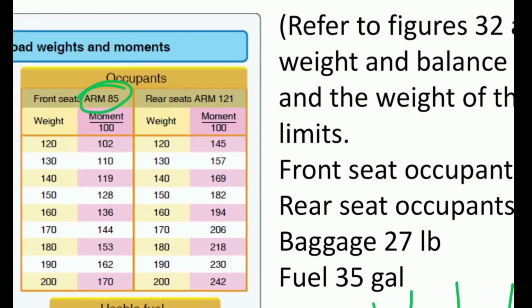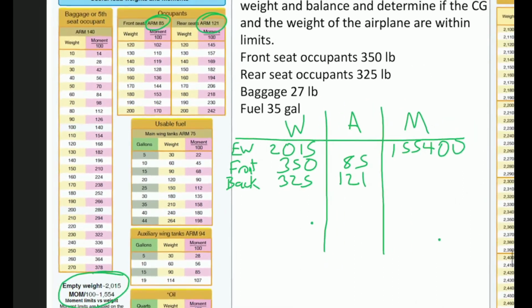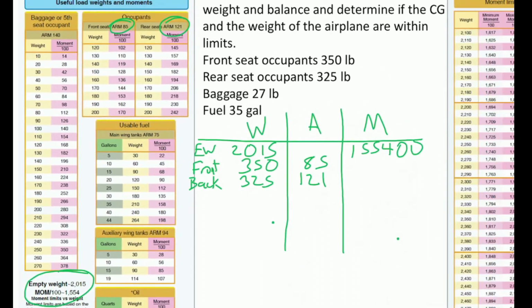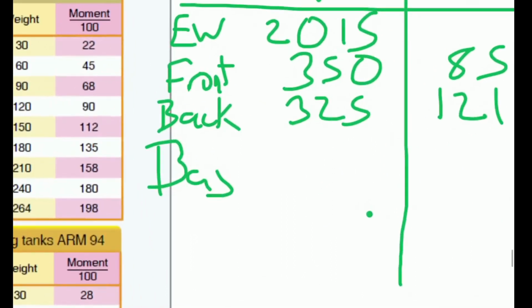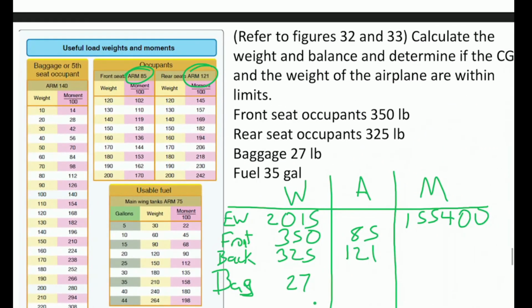And if we look over here, rear seat occupants, the arm is 121. Baggage, 27, and the arm is 140.